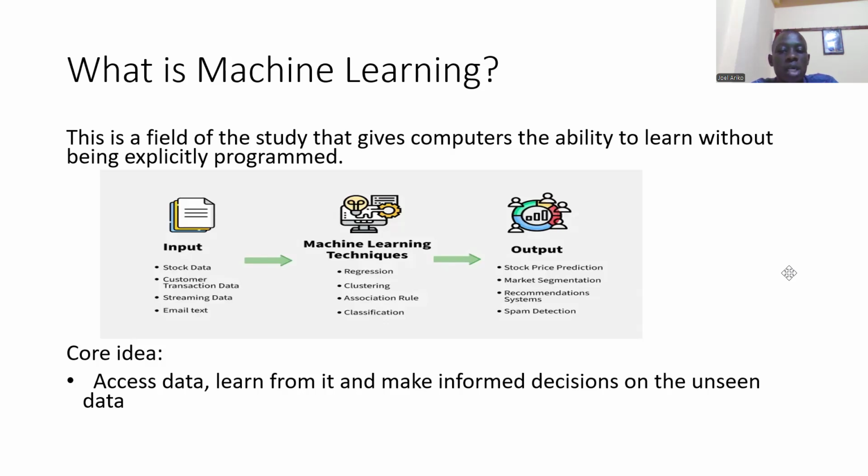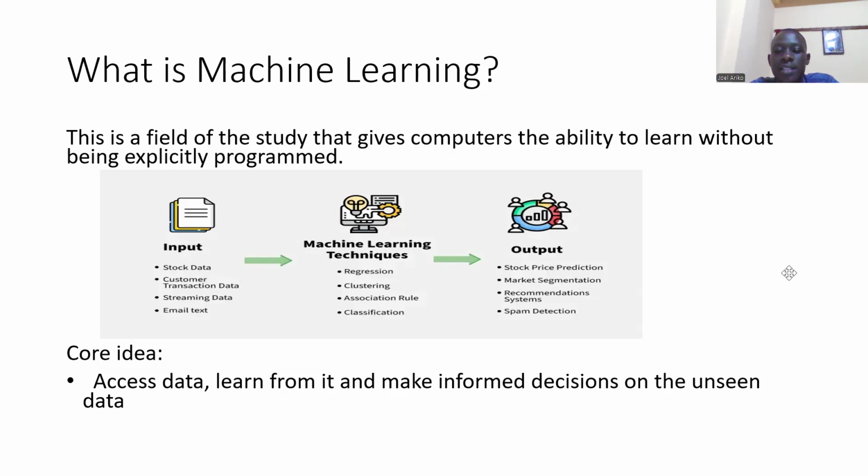For example, as you see in that image, we have an input, which can be an email, text, or customer transaction data. When we pass it into a machine learning technique or algorithm, it can be regression or clustering, that is classified into maybe supervised learning or unsupervised learning.